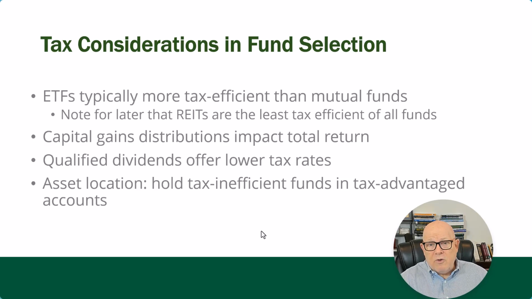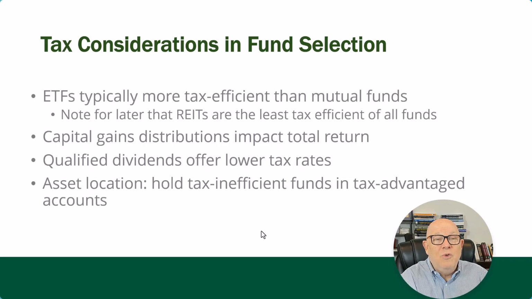You can buy it in a taxable account. You just have to recognize you're going to have to pay taxes on that income on an annual basis. You have to just keep in mind that there's embedded capital gains. So over time, these mutual funds have bought stocks. Maybe you're buying the fund today, but the stocks they're holding, they may have bought some of them 10 years ago.